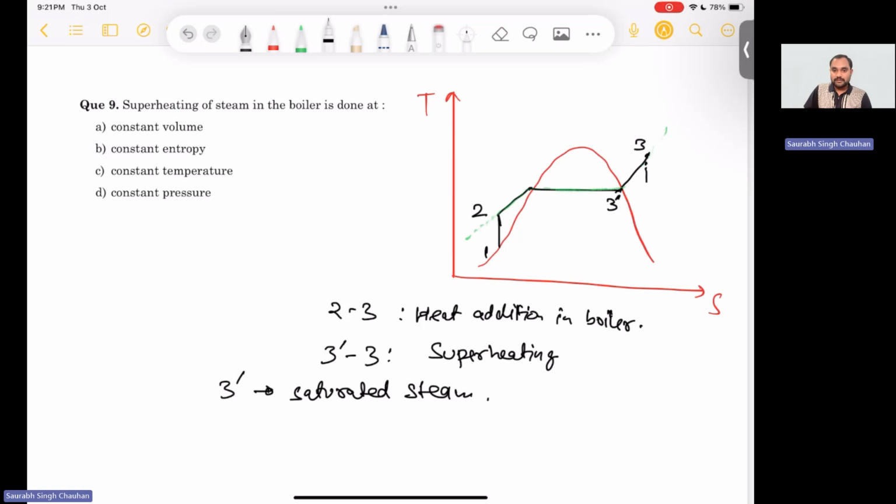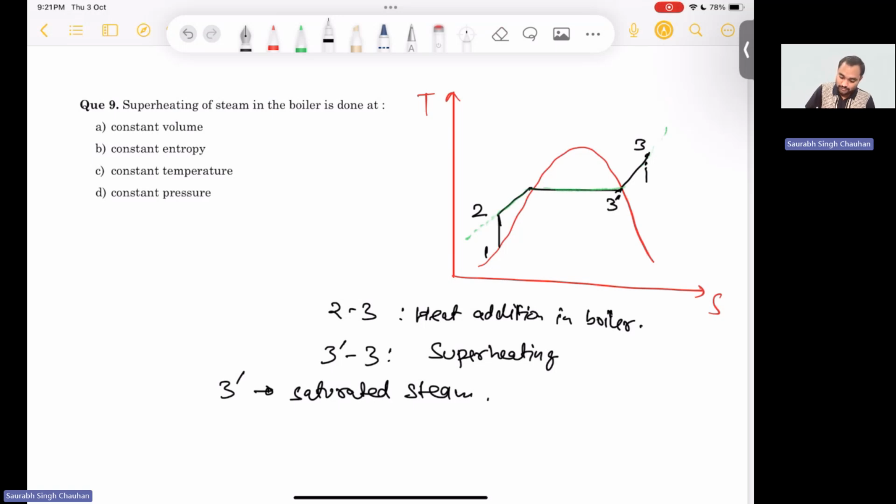Okay, so this superheating coincides with an isobar. Isobar means constant pressure line. So this heat addition process takes place at constant pressure, and you can see that from 3 dash to point 3, temperature is increasing. So it is not a constant temperature process, it is a constant pressure process.